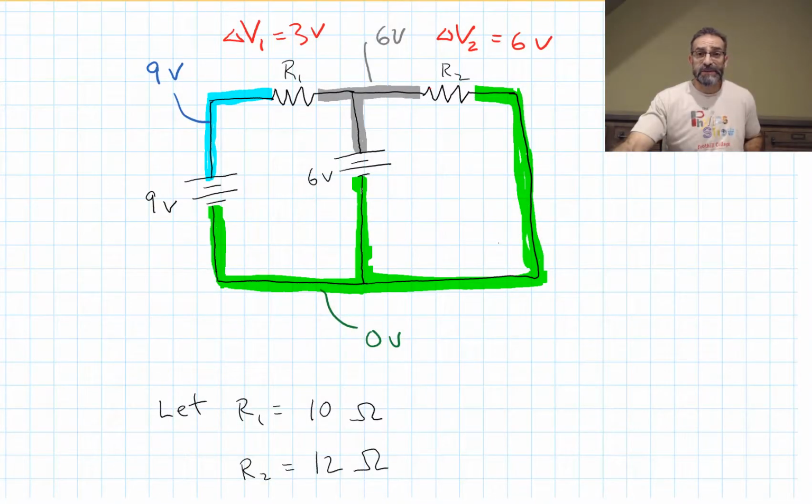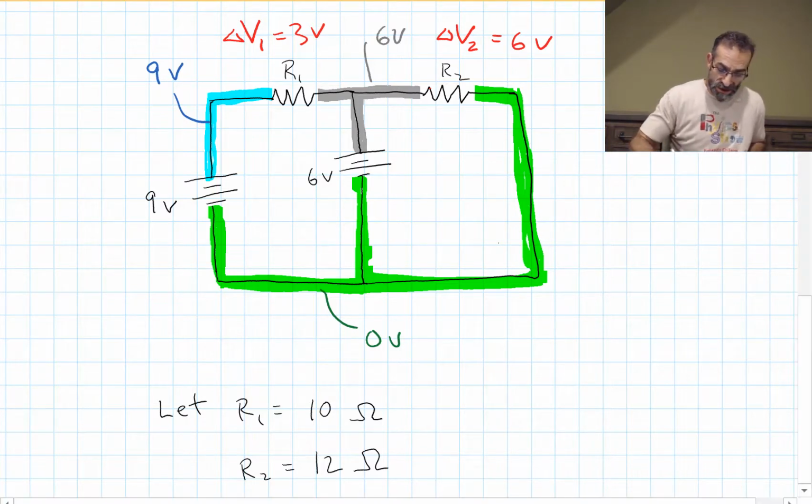This is the circuit from the last video. Let's take a look at how we can use Ohm's law to figure out some of the currents in these resistors. We found in the last video the potential difference across resistor 1 is 3 volts, and the potential difference across resistor 2 is 6 volts. So let's let resistor 1 be 10 ohms and resistor 2 be 12 ohms. If that's the case, we can use Ohm's law.